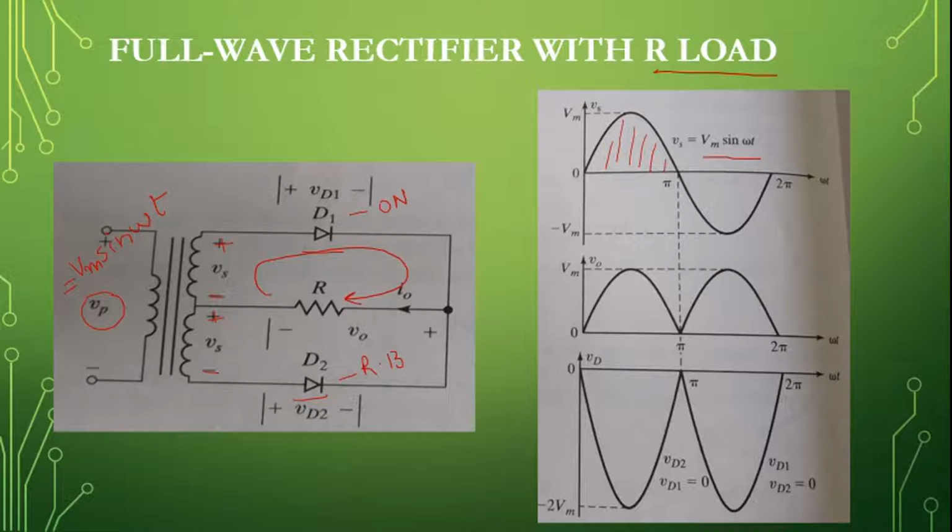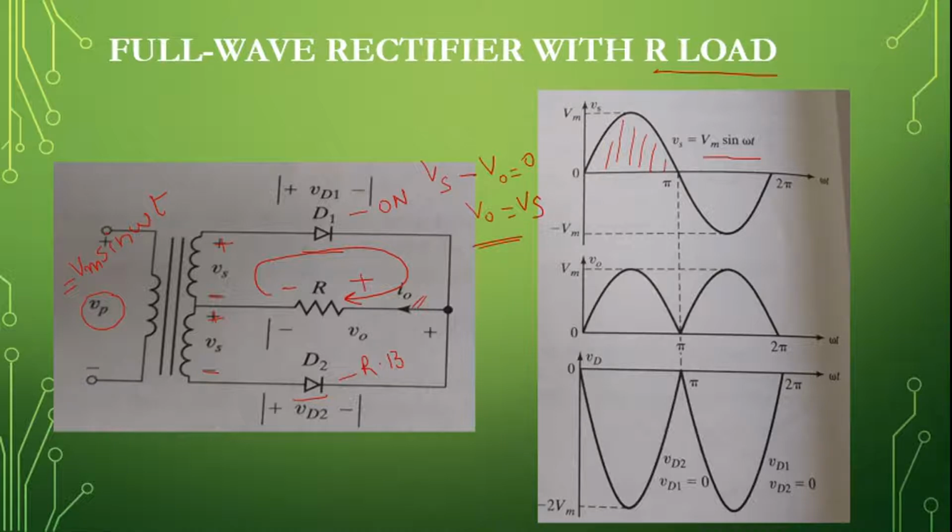So you can observe the direction of the current which is indicated. Assuming the diode to be ideal, that means zero voltage drop across the diode, what we get? We get Vs minus V0, we will consider the voltage across R as V0. Vs minus V0 equal to 0 or V0 is equal to Vs. This is obtained by applying KVL to this loop.